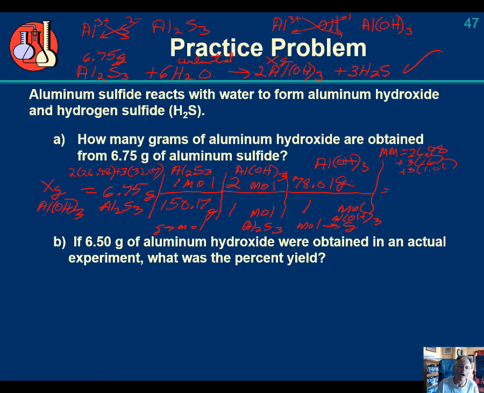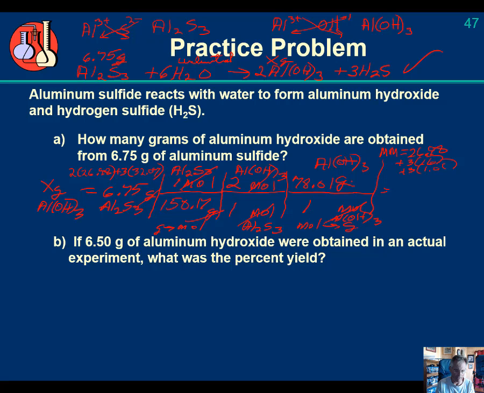All right, so let's make sure the units cancel. Grams of aluminum sulfide cancel. Moles of aluminum sulfide cancel. Moles of aluminum hydroxide cancel. And I wind up with grams of aluminum hydroxide. So I'm just going to plug this straight into the calculator. And it looks like this.